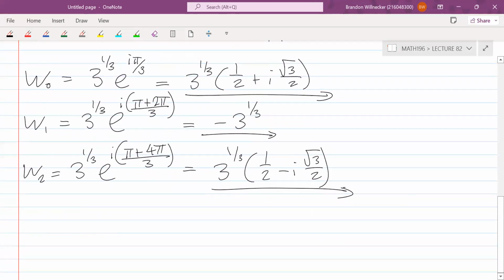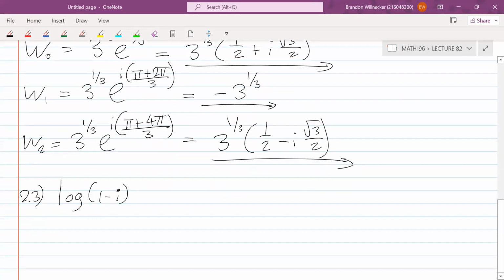Okay, 2.3. So this question asks us to find the value or values of log of 1 minus i. To answer this, we first need to write this in polar form because we need the magnitude and we need the phase. Those are the two things that we need when writing out the log of a complex number.